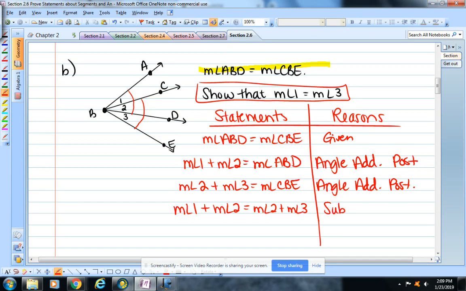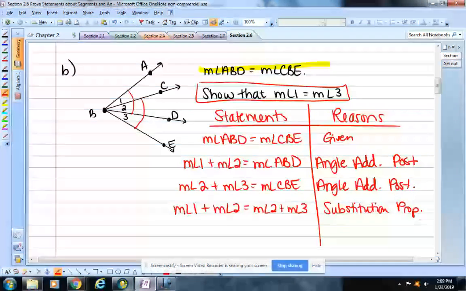And that was substitution. So these two things are equal to each other, so I can replace this with this. If you replace two things that are equal, it's called substitution.